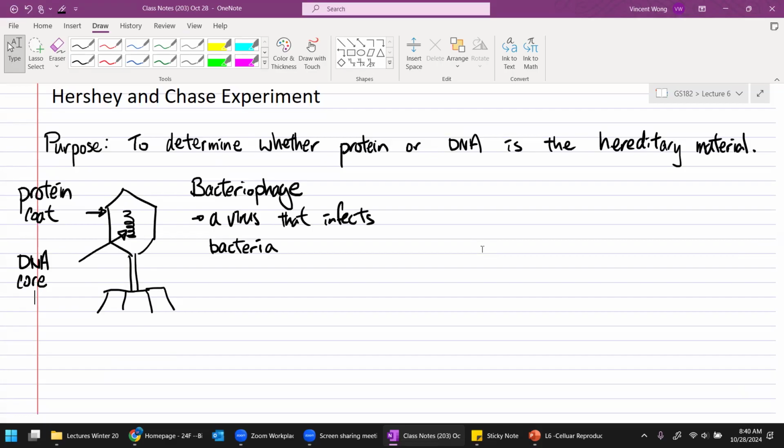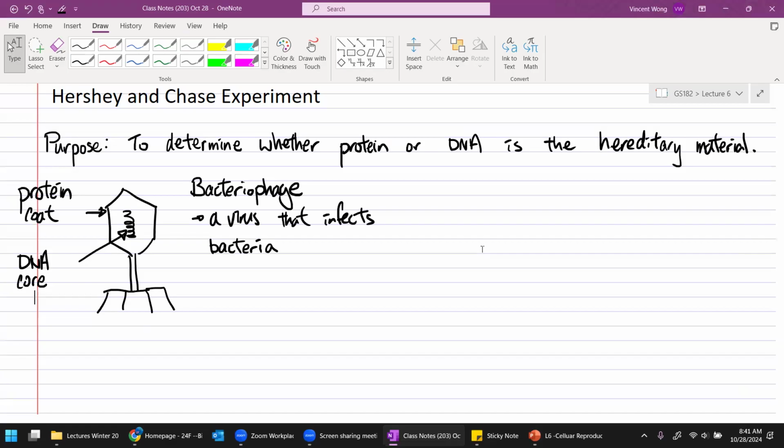What they did not know was what's being injected into the bacteria. Like, is it the protein that gets injected, or is it the DNA that gets injected?